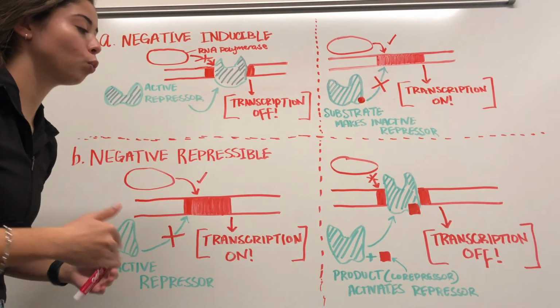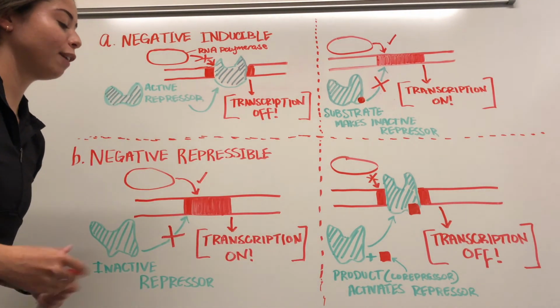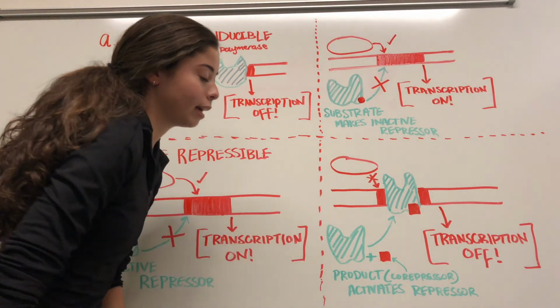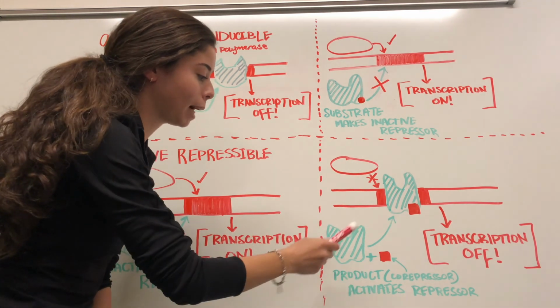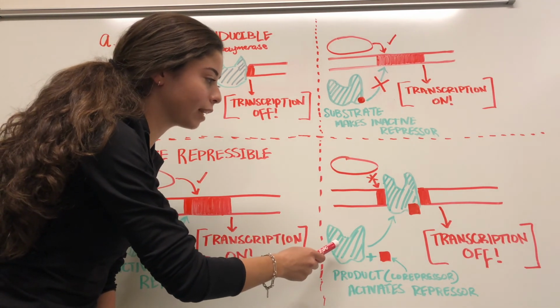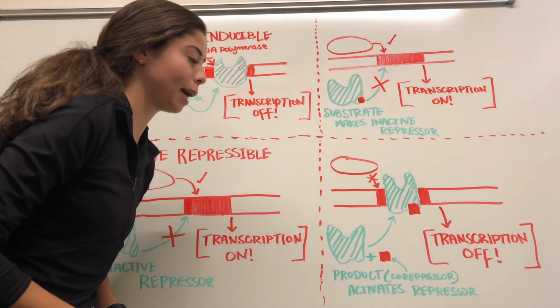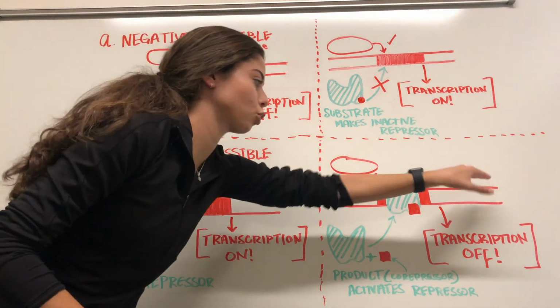Whereas if you want to turn it off, if you want to repress the system, it's repressible. You can take a product that's made in the whole system and it can act as a co-repressor, bind to the repressor, and activate it. Then the repressor and co-repressor complex will be able to bind to the operator site, disallowing RNA polymerase from transcribing.